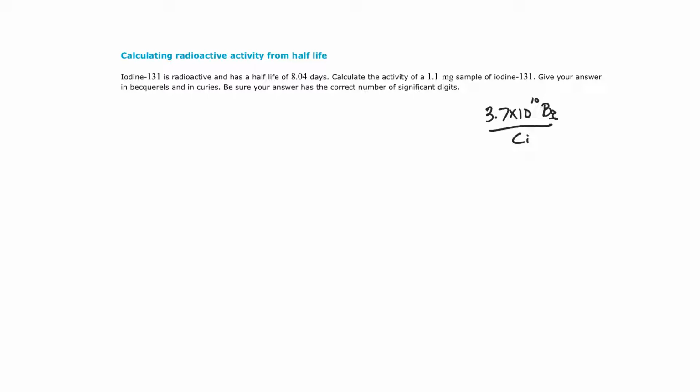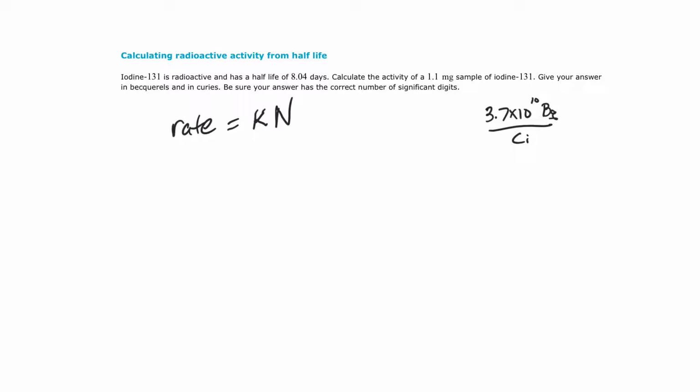So the first thing you're going to need to know is that your rate, how radioactive it is, follows first order kinetics. So that's going to be a rate constant times, not the molar concentration as you've done in kinetics, but the number of atoms that are radioactive.